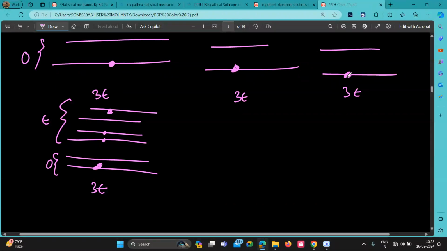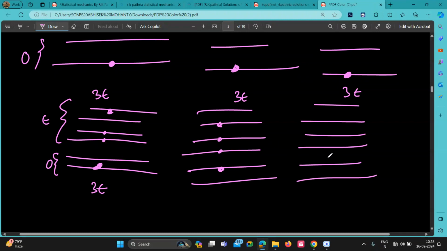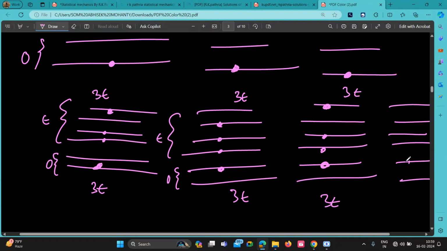We can do the exact same thing, keeping this particle over here, and all those arrangements that we just did. 0, 0, epsilon here, 3 epsilon, 3 epsilon here.